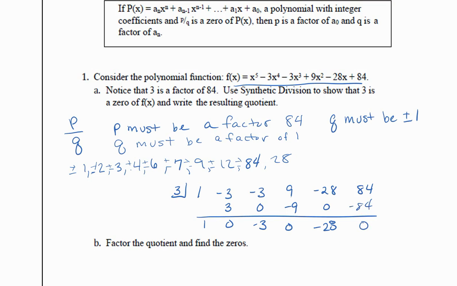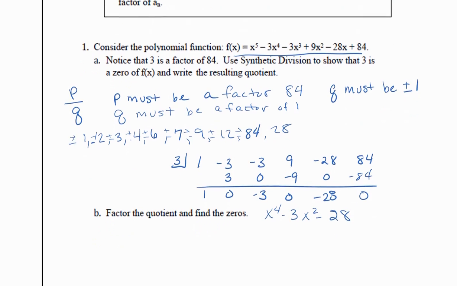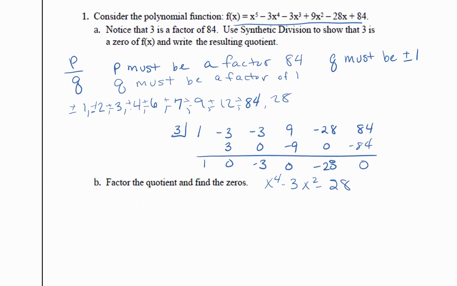Okay, so what we're saying here is that our quotient is x to the fourth minus 3x squared minus 28. Now, this is actually of the form that we could use the u substitution and turn it into a quadratic.